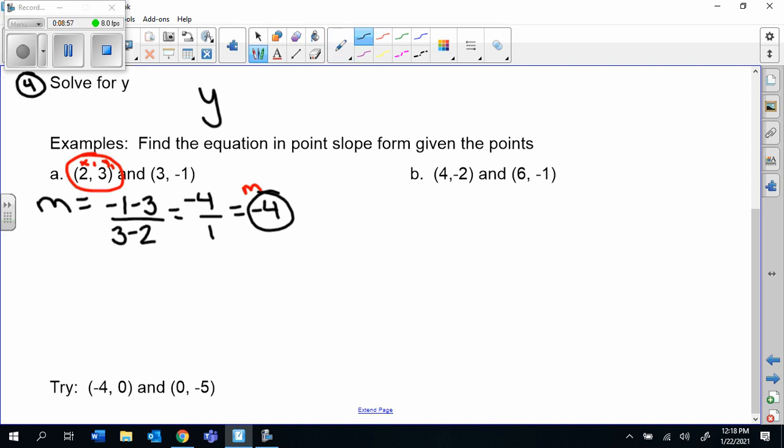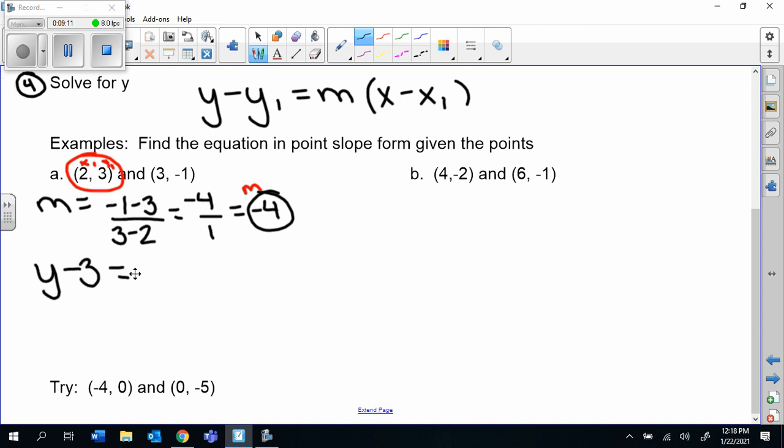And I am going to plug into this point-slope form that I had written above. So y minus y1, which is 3, equals the slope, negative 4, parentheses, x minus 2.